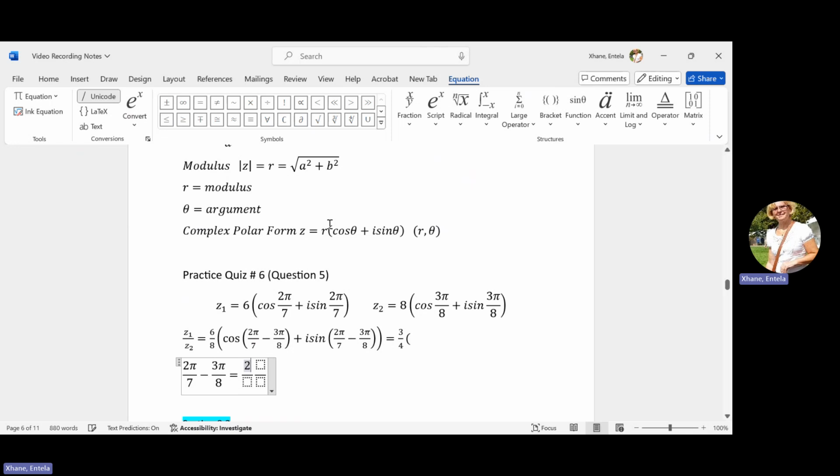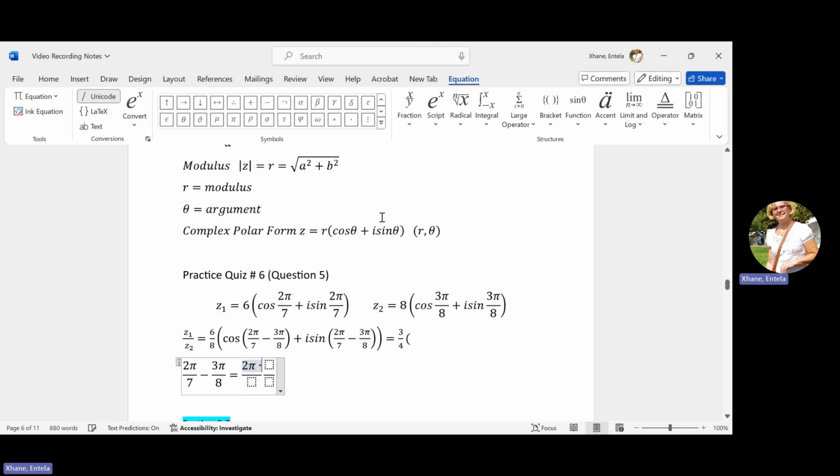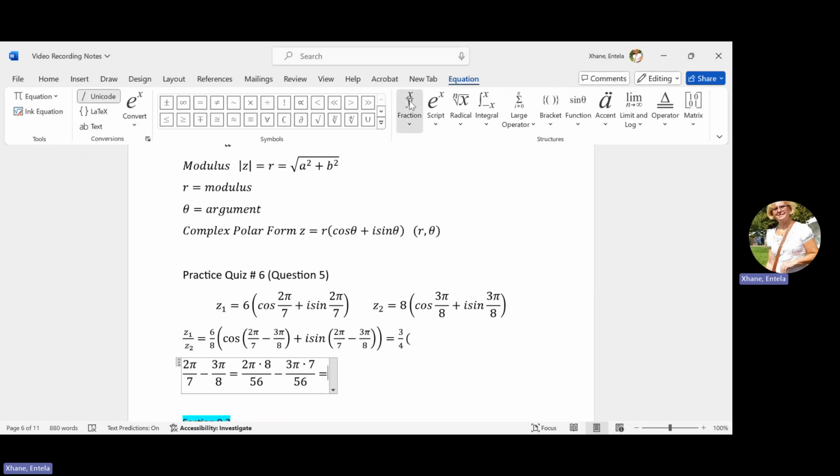So I'm going to start with 2 pi and then multiply this by 8. And then, of course, 7 times 8 turns into 56. And then another 56. I forgot the difference between them. And then on the other side, I have 3 pi that is multiplied by 7. So now you notice that these two fractions have the same denominator, which allows me to merge them in one.